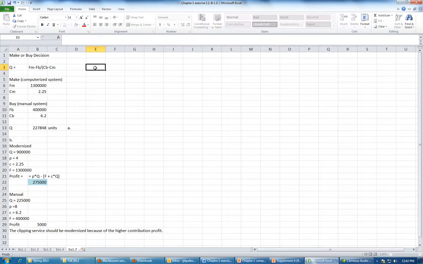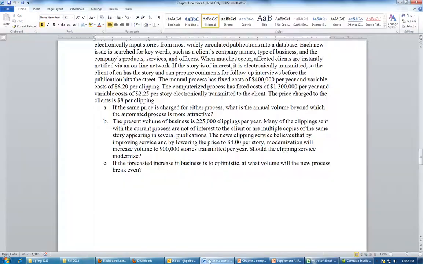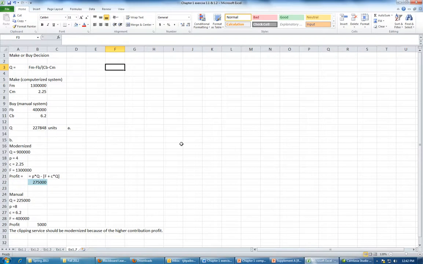Okay, now this question also asks in part C, if the forecast increase in business is too optimistic, at what volume will the process break even? So in this example, we are interested in only the new process.